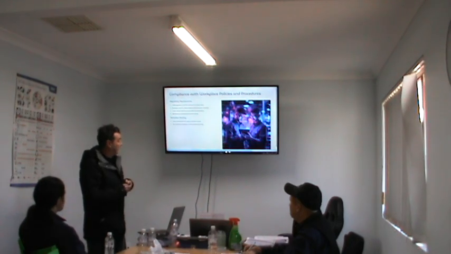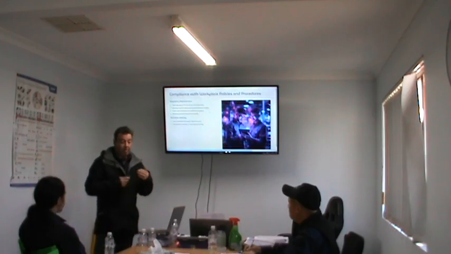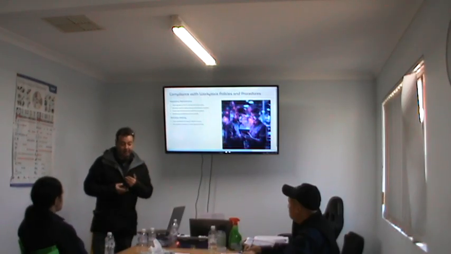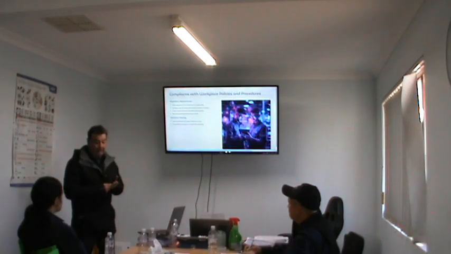Compliance with workplace policies and procedures. So we have workplace specific safety protocols and inspection checklists. Most workplaces have their own set out procedures, proper hazard reporting and identification documents, maintaining proper comprehensive service records.